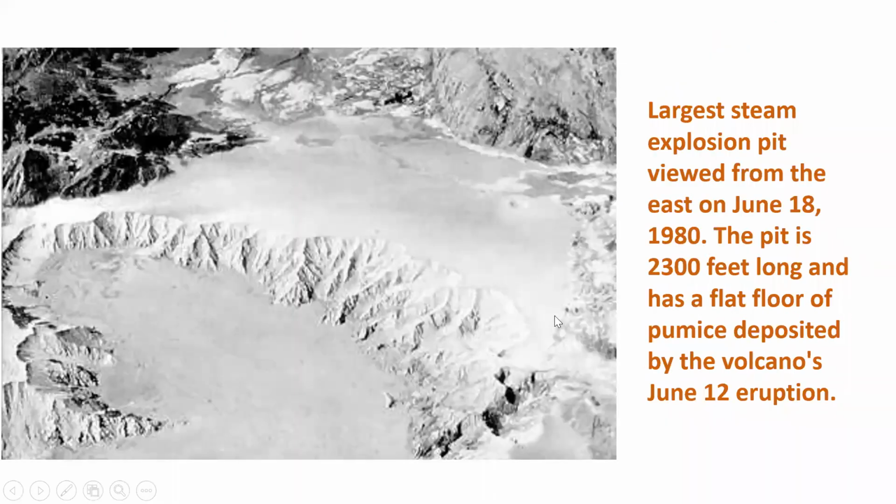Okay, here's a big picture, close up. Largest steam explosion pit viewed from the east on June 18. The pit, as I said, is 2,300 feet long, has a flat floor of pumice deposited by the volcano's June 12 eruption.